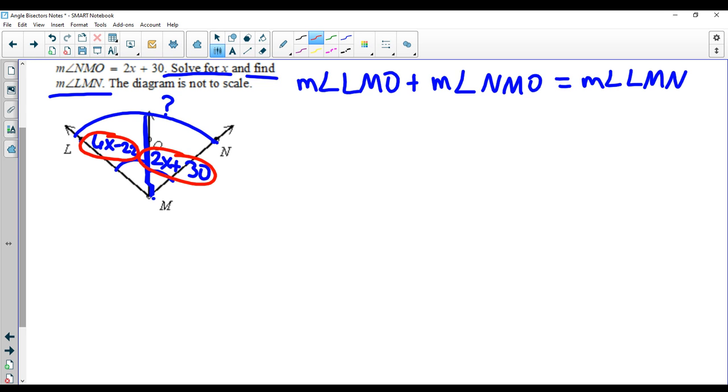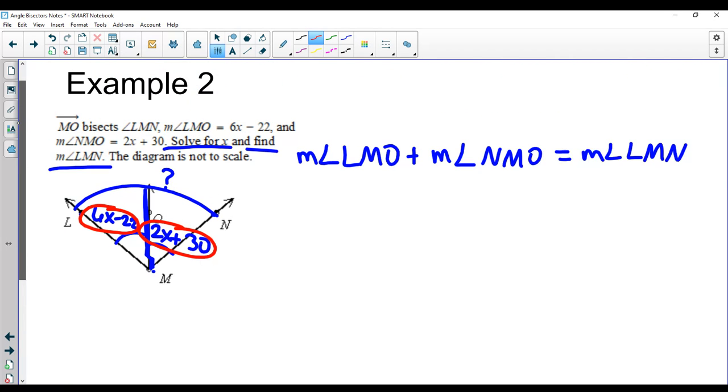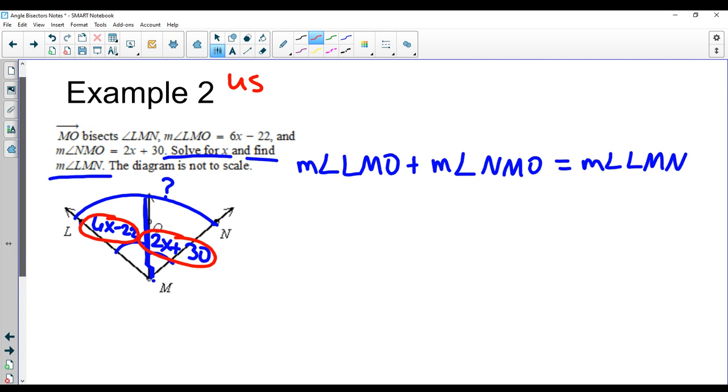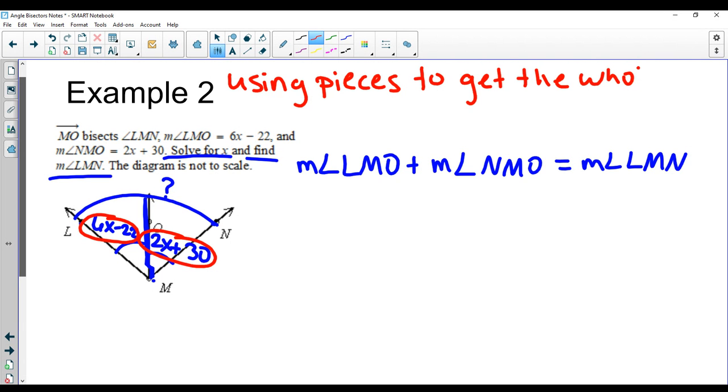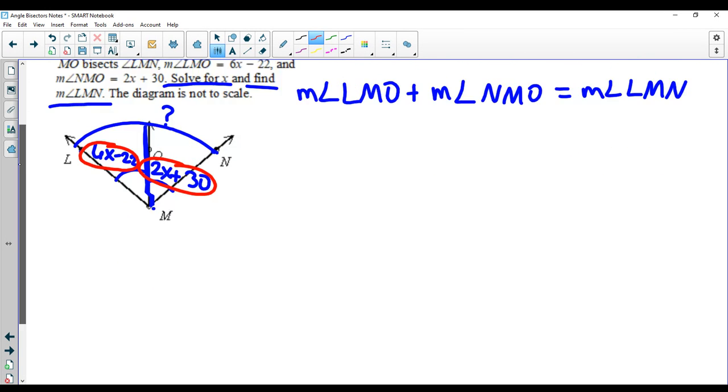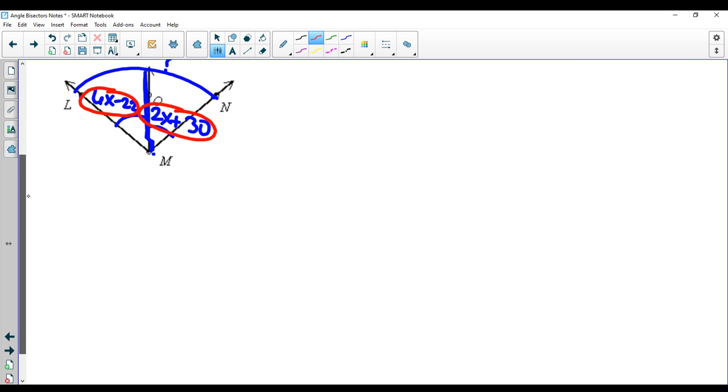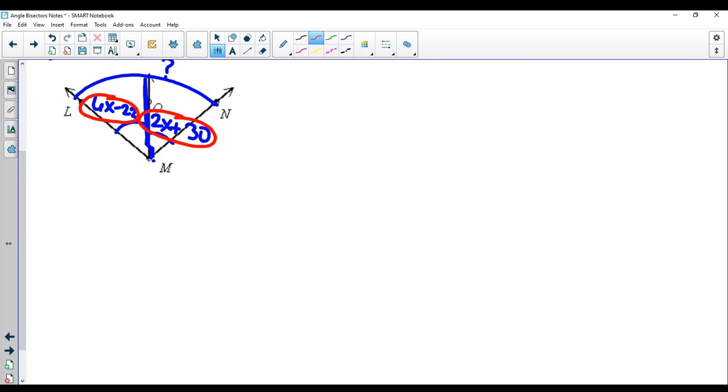So this example is all about using the pieces to get the whole angle measure. It's bisected, which means those expressions are equal.